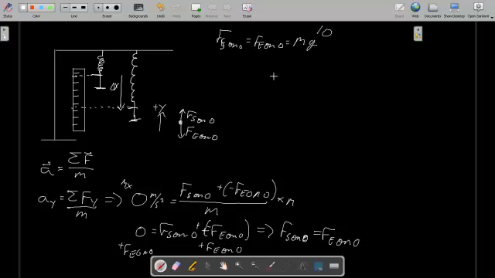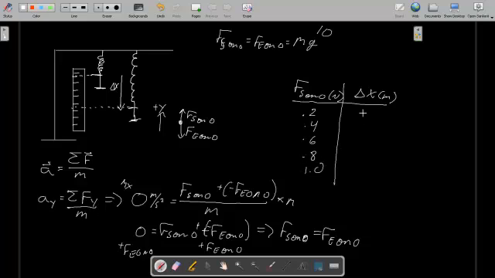And so let's say you took your data and you created a table for force of the spring on the object and displacement, delta x. And let's say your data came out so that the force of the spring on the object is 0.2, in newtons, 0.4, 0.6, 0.8, and 1.0.